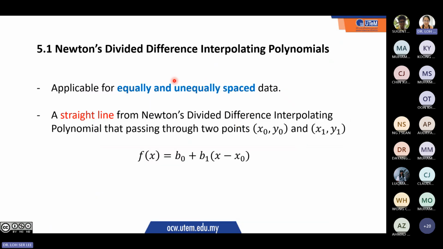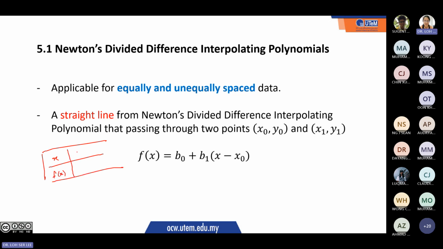Now we look at the Newton's divided difference interpolating polynomials. This Newton's interpolation is applicable for equally and unequally spaced data. What is meant by equally and unequally spaced data? If you have a set of points, let's say this is your x, this is your f(x).